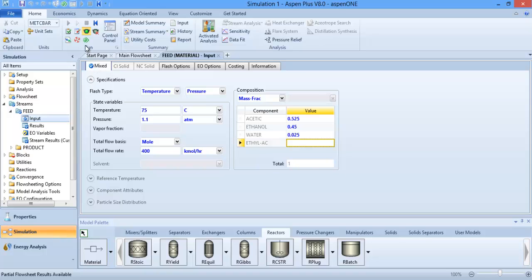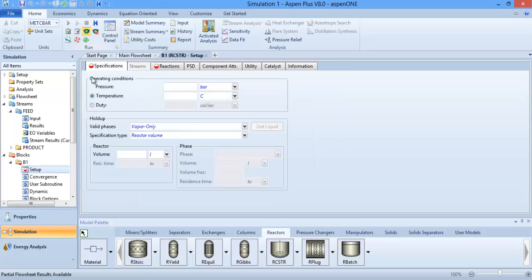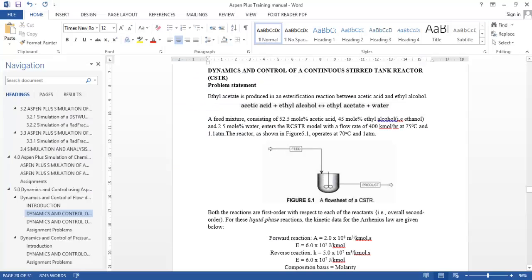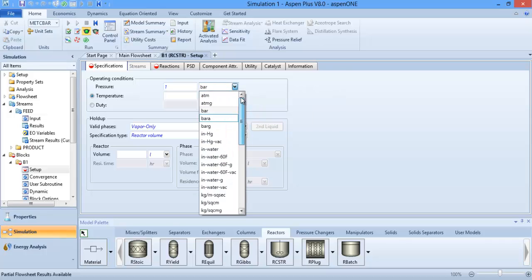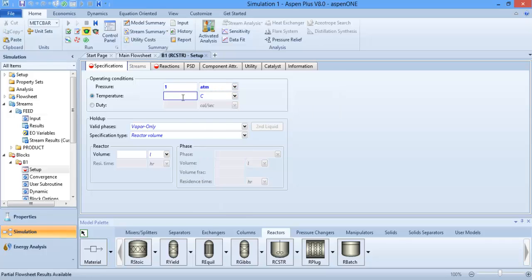The next thing to do is to define the block. I can make use of next, we are familiar with it, to take us to the block definition. From the block, the reactor operates at 70 degrees C and 1 atm.